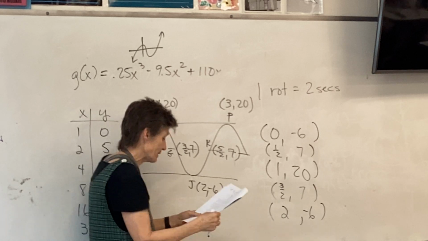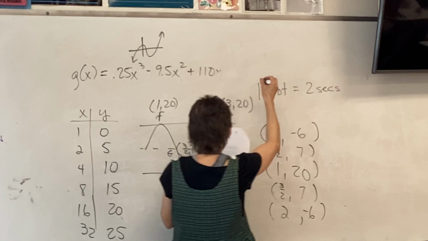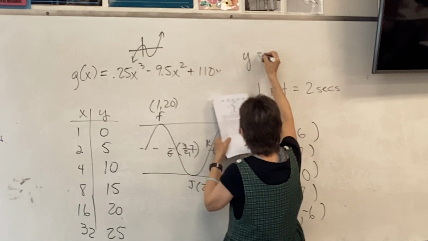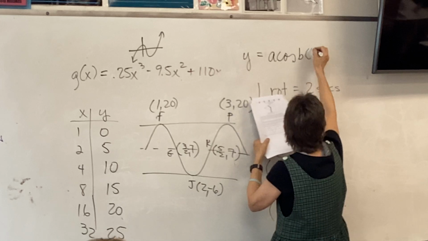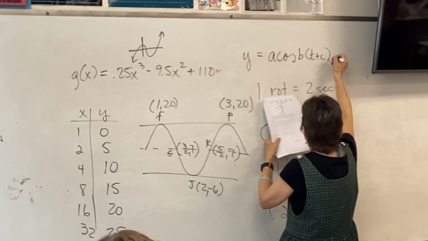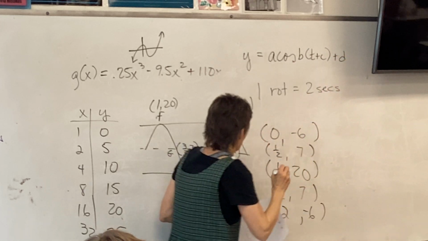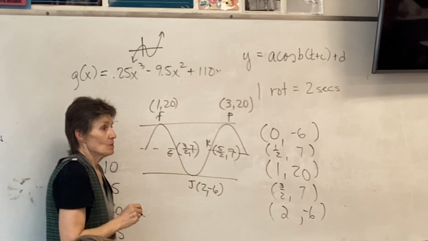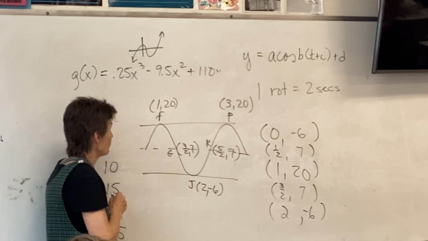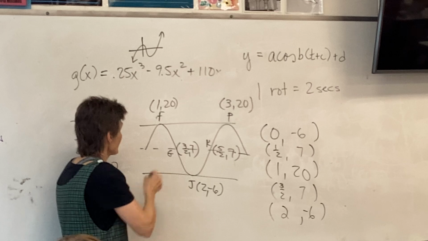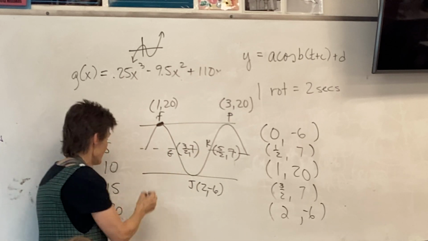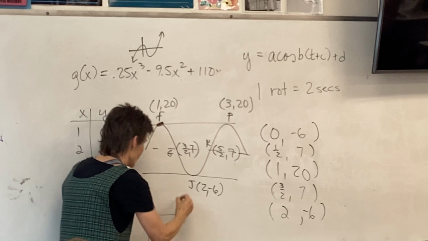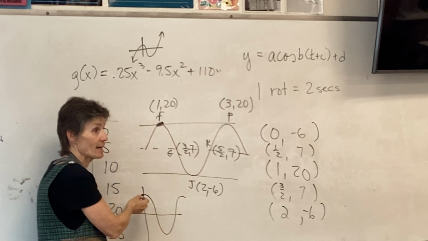Okay, now we have to write the equation. This is going to be a cosine equation, and I have to fill in all these numbers. If this is a cosine equation, I could start it right here. Now remember, a real cosine is supposed to start at 0.